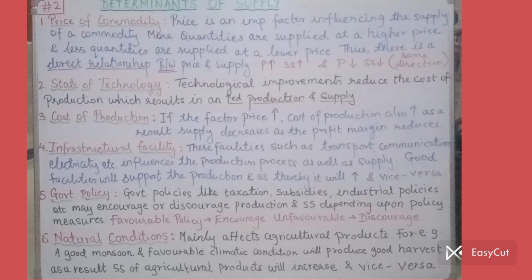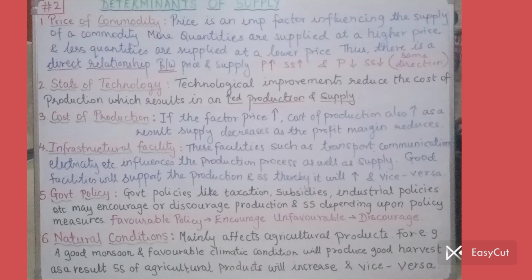I hope you know about the factors of production. So if the factor prices rise, in short I am telling about factors. Factors of production means the main basic factors are land, labor, capital, enterprise, which are required for producing any product or commodity.